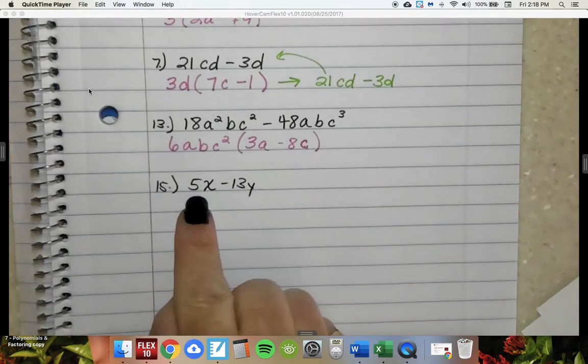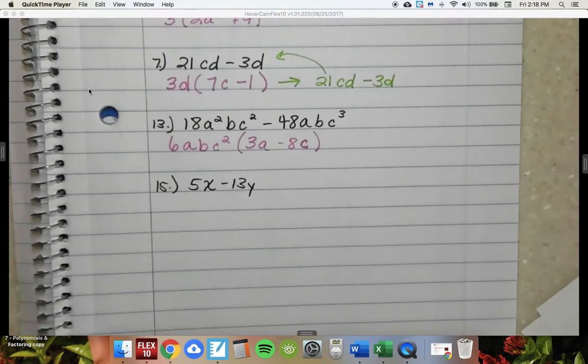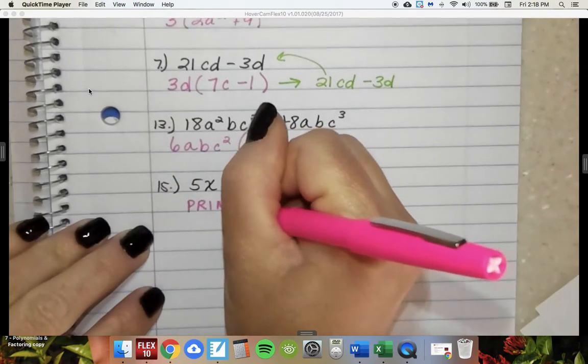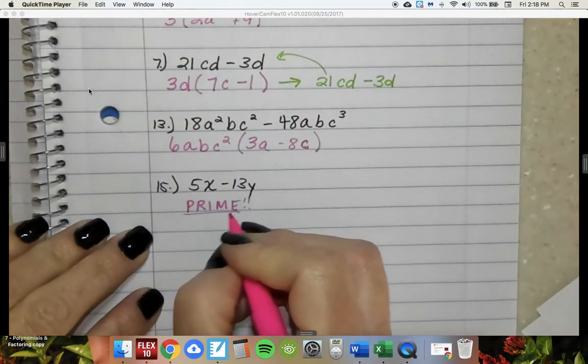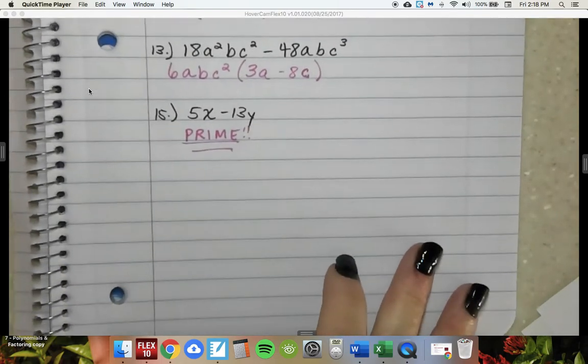Wait, he's got an x, he's got a y. Guess what? It's prime. You can't factor anything out of there. Yeah, those don't happen very often, but they do happen. So now you've seen an example of a prime polynomial.